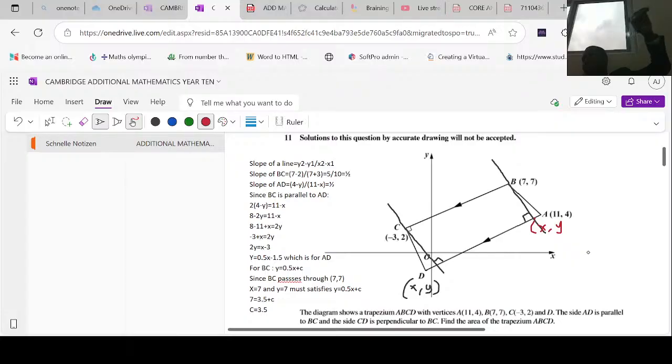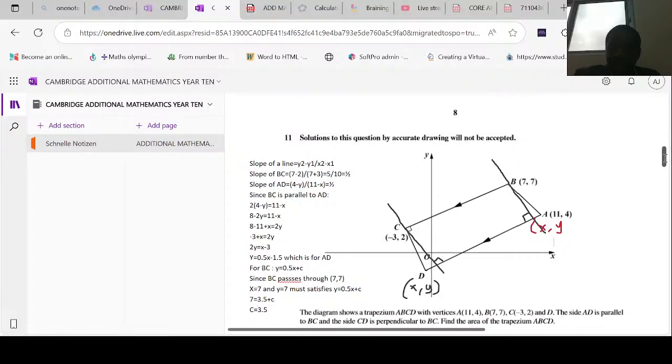Get it? So when we find that equation, we already know the equation of AD. So if we can get the equation of the line that is perpendicular to it, passing through that one point B, that will help out. This question is a matured question, but I believe we are getting the basic question.